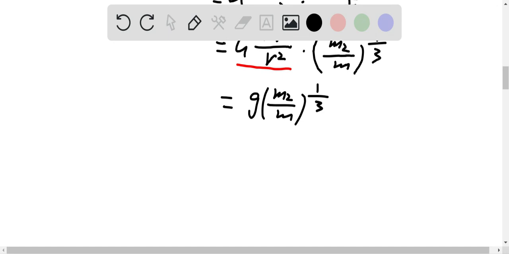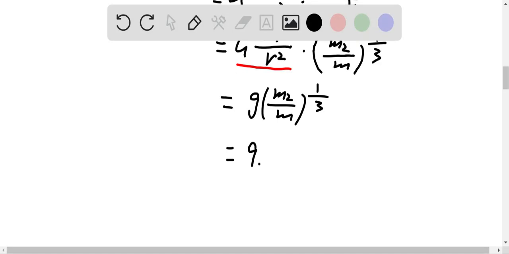And we know the mass of Europa, which is m2, is 4.9 times 10 to the power of 22 kilograms. And the mass of the Earth is about 5.98 times 10 to the power of 24 kilograms. So if we plug in, we also know that the acceleration of gravity is 9.8 meters per second squared.